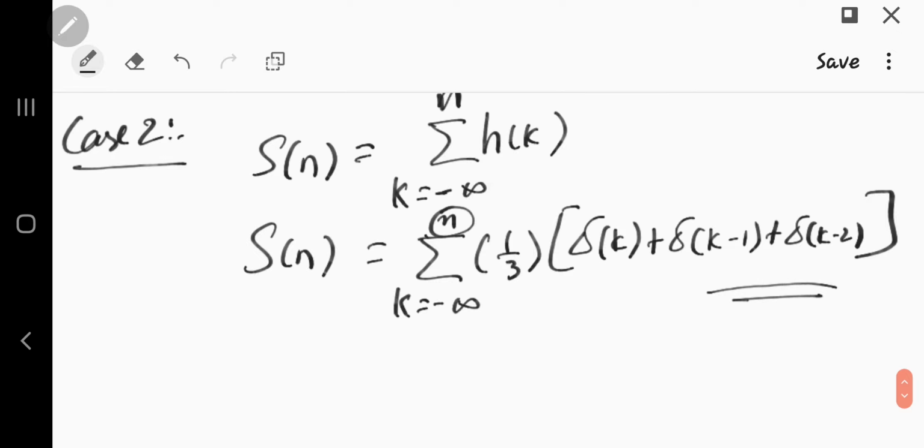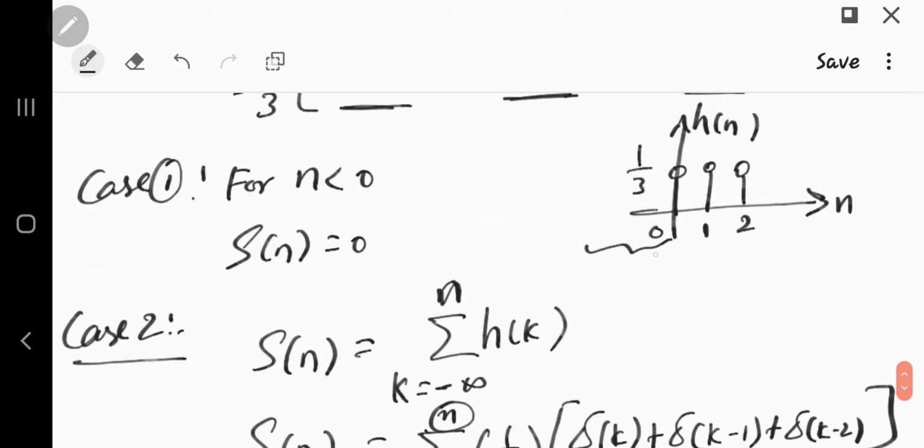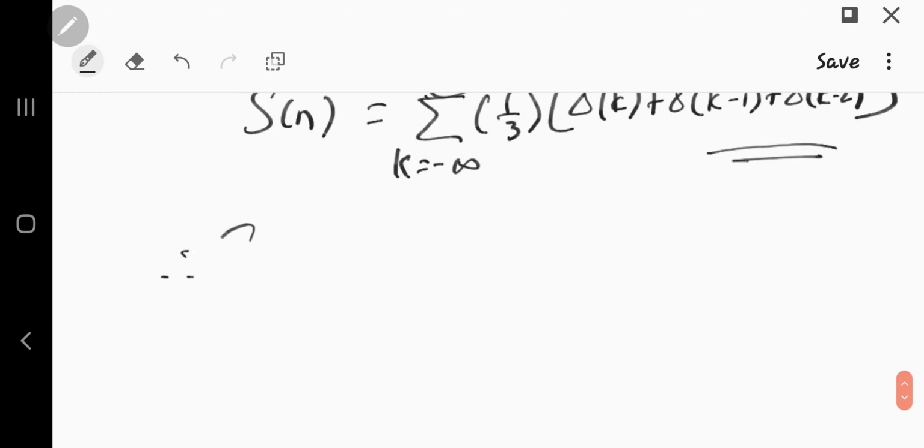Now you have to apply the values; you can apply the value for n only at 3 instances, that is at 0, at 1 and at 2. So therefore s of n is equal to, first I will apply this one.